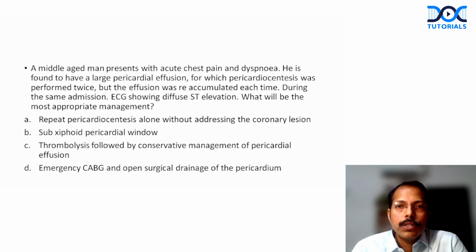But if in the question it has been given as MI, you have to search for the option of a pericardial window along with PCI. Okay, if it is not given in the question that there is MI, only ST elevation, the correct option will be subxiphoid pericardial window. Clear?